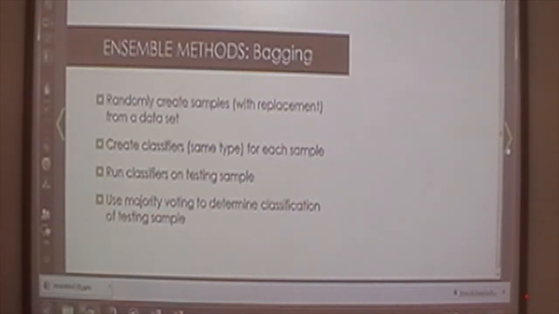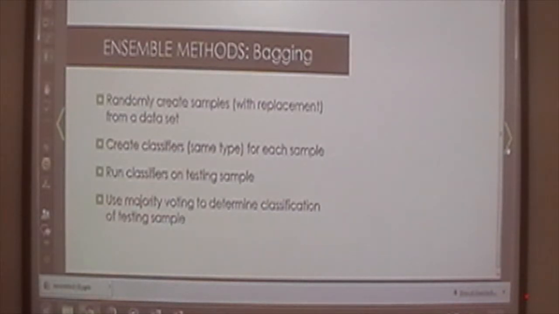Or I guess it could be, just looking at it, since you're going to be using majority voting, theoretically I don't see why you couldn't use other types, as long as they output the same type of classification, whether it be binary.